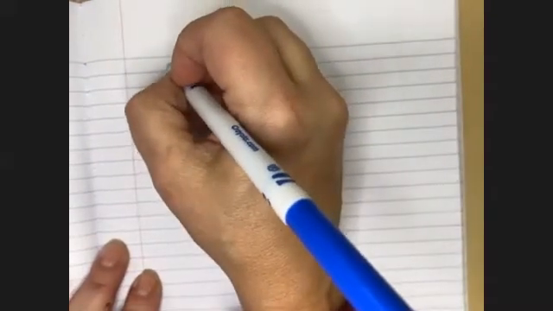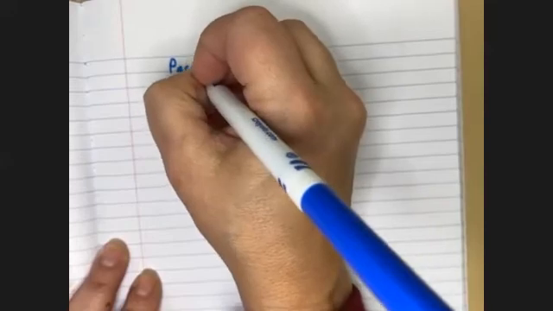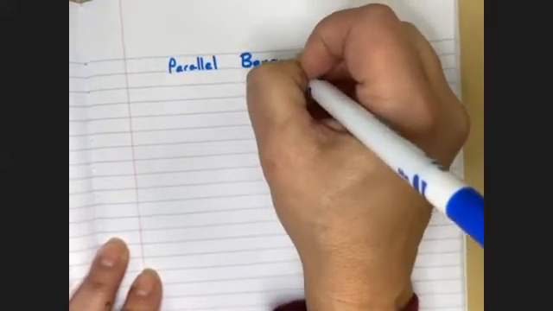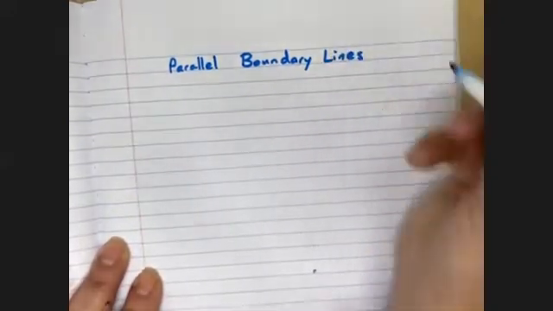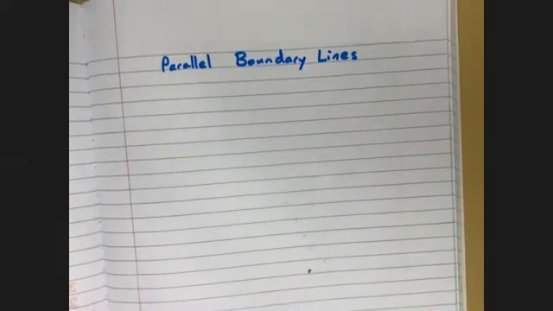So I'm going to glue this page in over here. But there are some exceptions to this rule. I mean, as far as if it was all just nice and neat and easy like this, then, you know, there we go. This, however, is when they have parallel boundary lines. And this is just something you need to be kind of aware of.